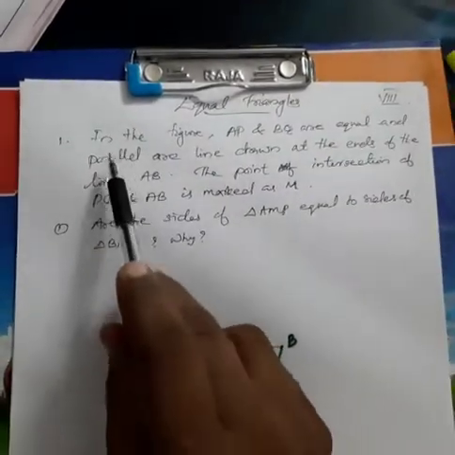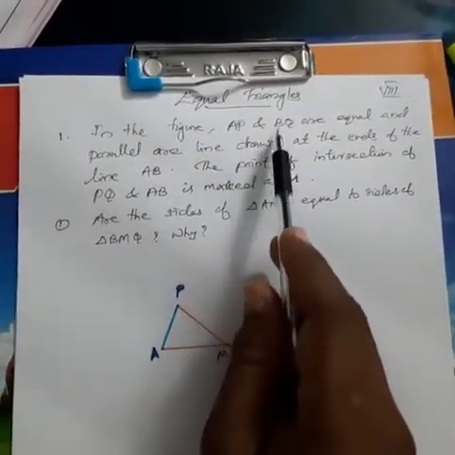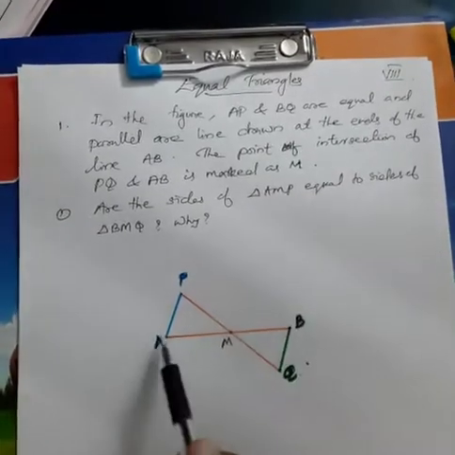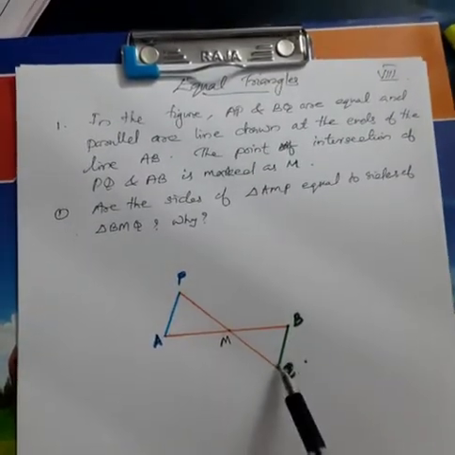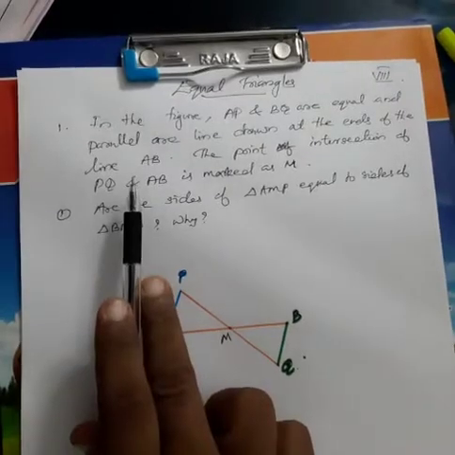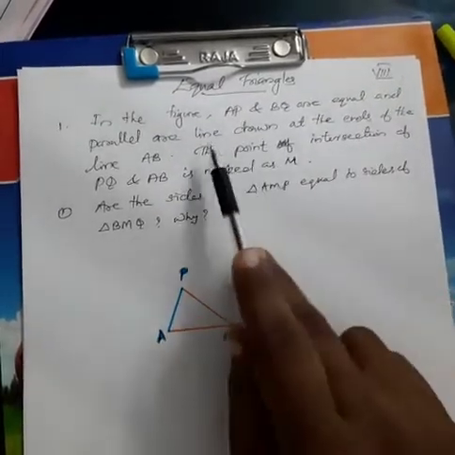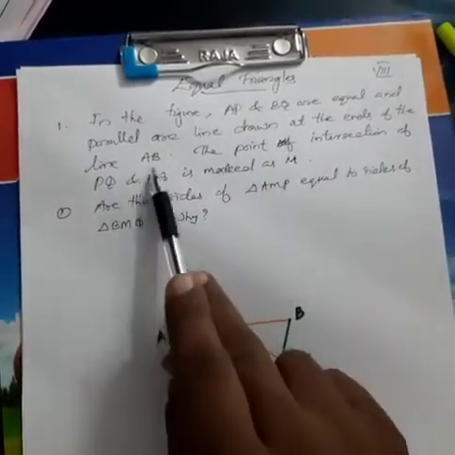See the question. In the figure, AP and BQ are equal and parallel also, and these two parallel lines are drawn at the ends of AB.